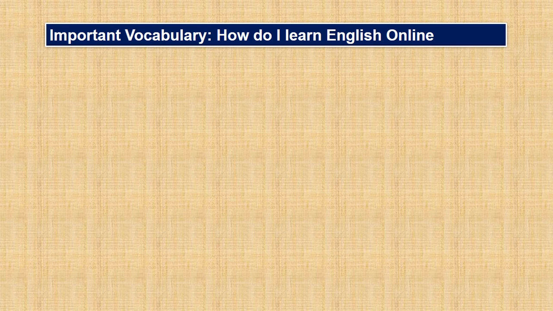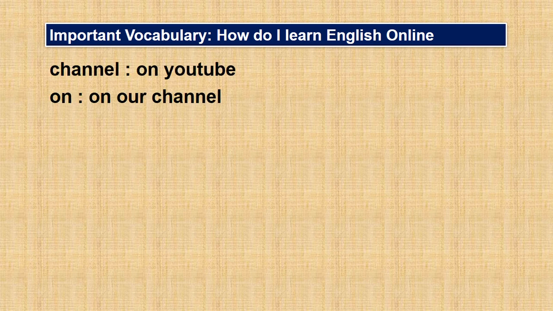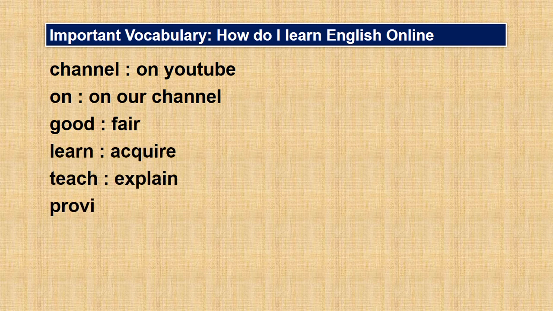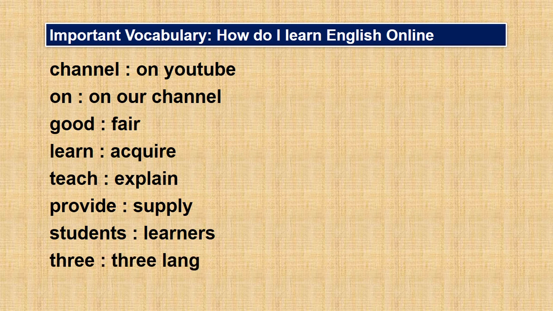So here we have the first set of words which are important to make the topic of how do I learn English online, and these words are not just limited for this topic, the current topic on your screen, but can be utilized anywhere, because you never know which word or which phrase would come in your use while speaking or writing in English.